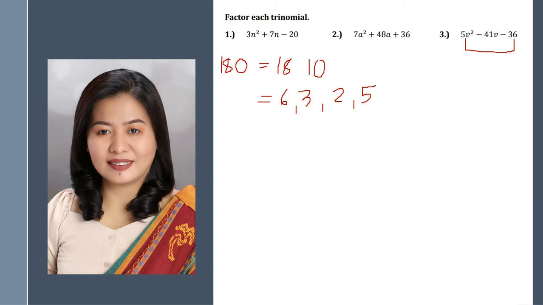So this is 30 and 6, cannot be 15 and 12. Well, 15 and 12, no. So I'll have to break down 6. So that's 2 and 3, and so that's 2 squared and 3 squared and 5.